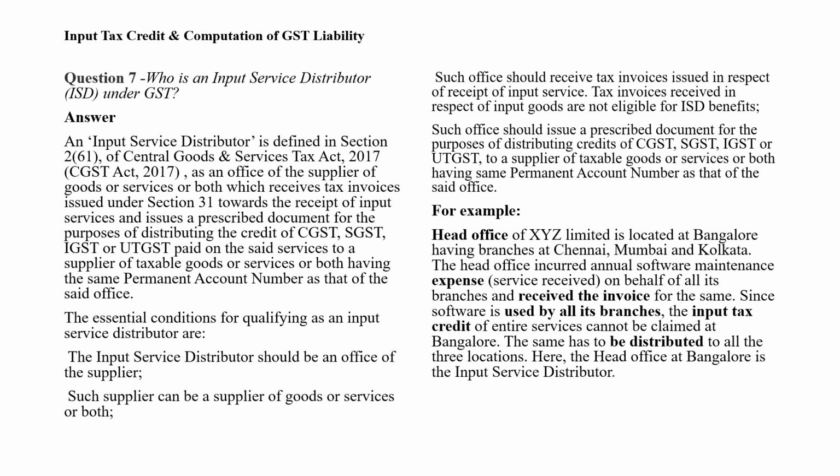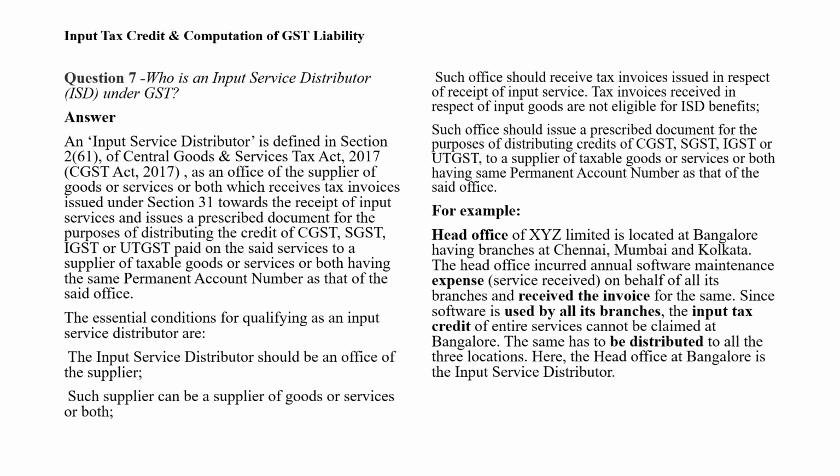So very important: tax invoices received in respect of input goods are not eligible for ISD benefit. Such office should issue a prescribed document for the purpose of distributing credit of CGST, SGST, IGST or UTGST to a supplier of taxable goods or services or both, having the same permanent account number as that of the said office.